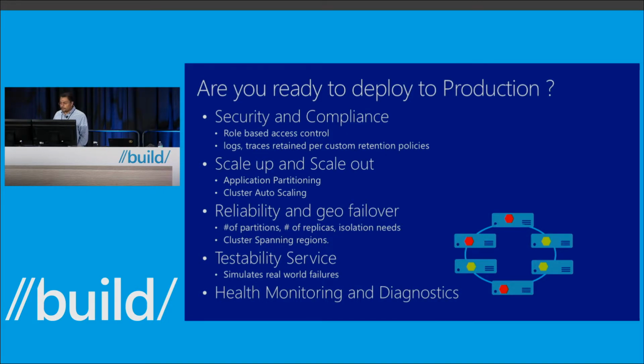Application scale up. When you're a small startup or testing the market out, there's a strong need to be able to offer the service with minimal expense, but with the ability to scale out if needed. There is no telling when you would have a spike in need, and that's when you don't want to go and deploy a new set of applications. Azure Service Fabric allows you to do just that by allowing you to partition your application.